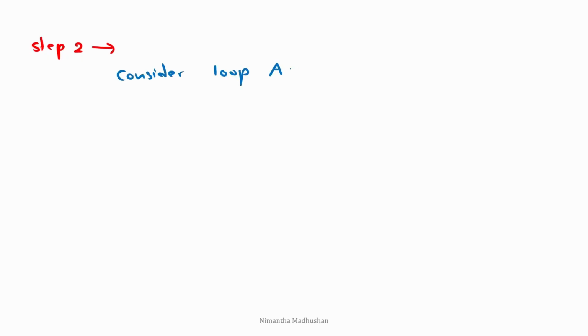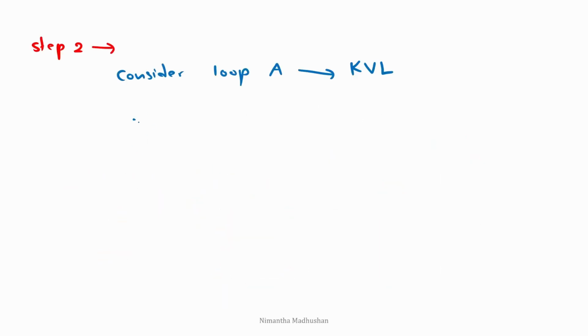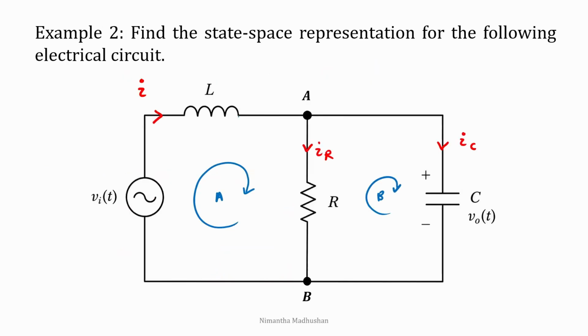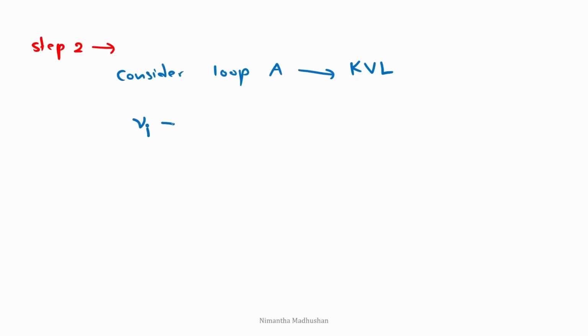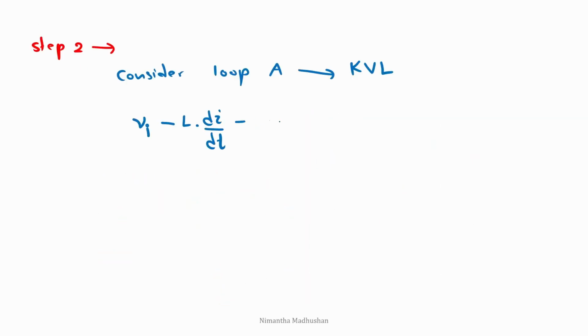Consider loop A, and I will apply KVL for that loop. Vi is the voltage source, and this inductor is a load, so minus the voltage across the inductor, which is L times di over dt, rate of change of current, and voltage across A and B, I write it as VAB, is equal to 0.